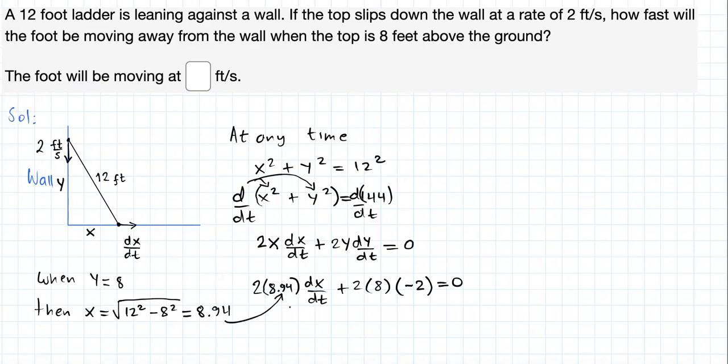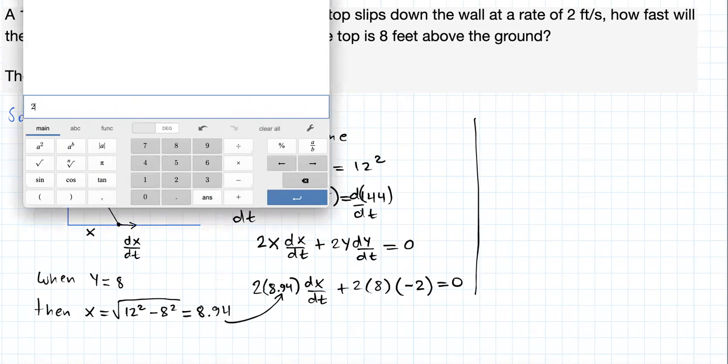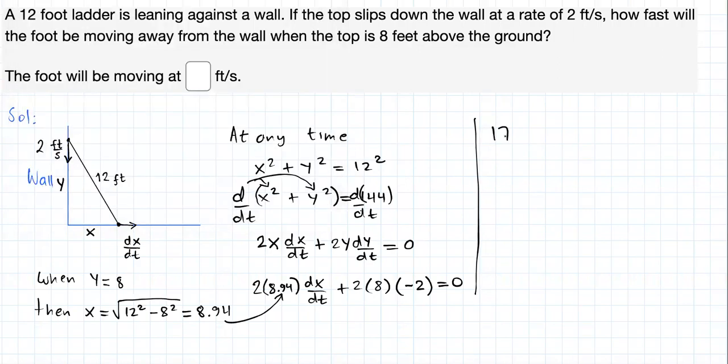So now 2 times 8.94 is equal to 17.88, times dx dt, which is what we're looking for. 2 times 8 is 16, times 2, 32, positive times negative, negative, right? Minus 32 equals 0.